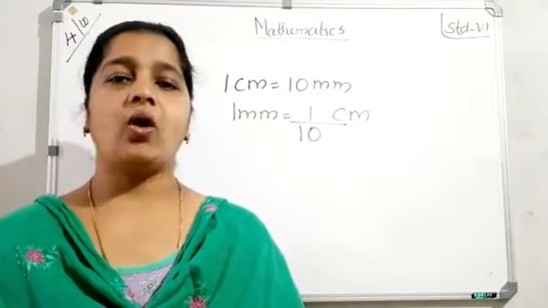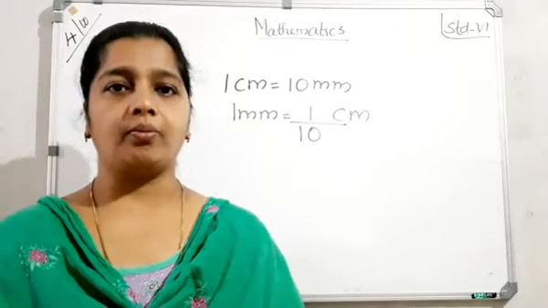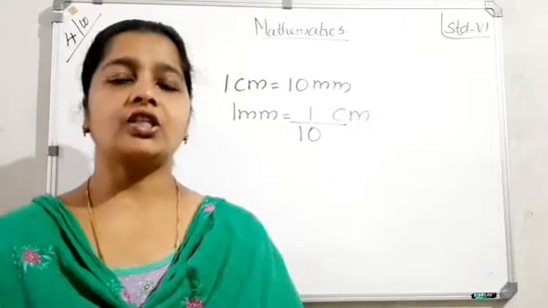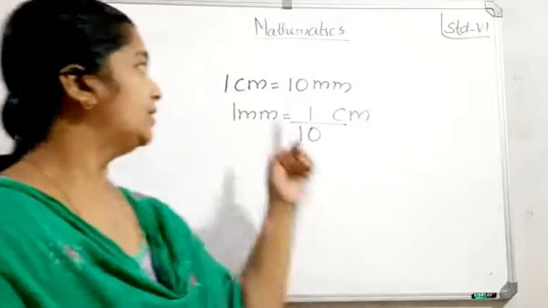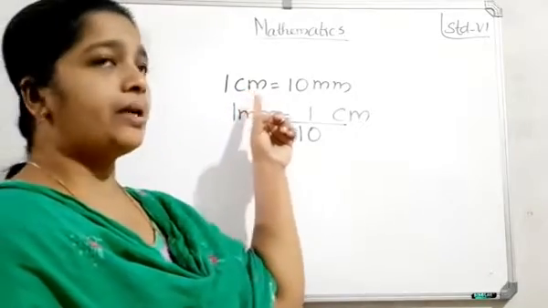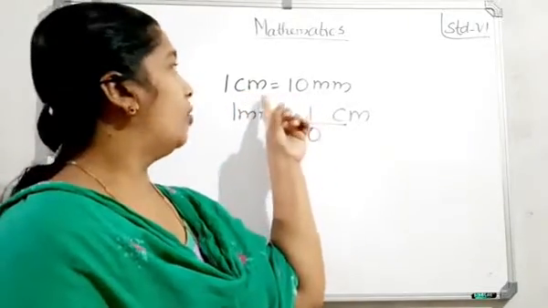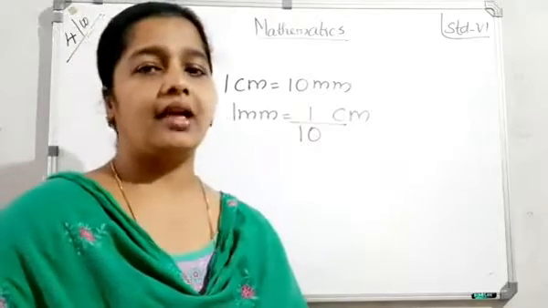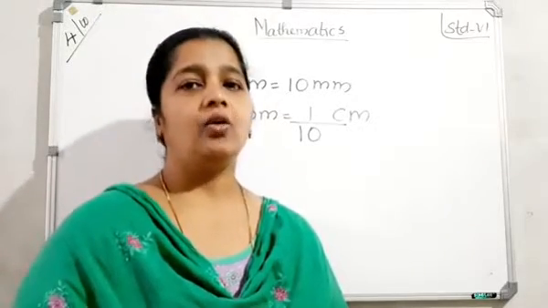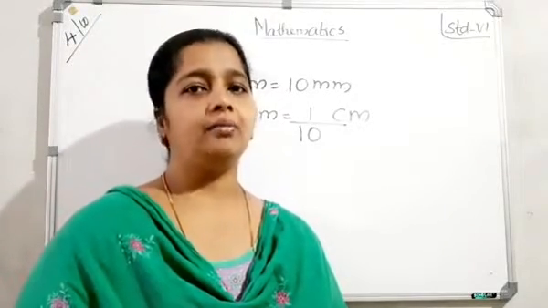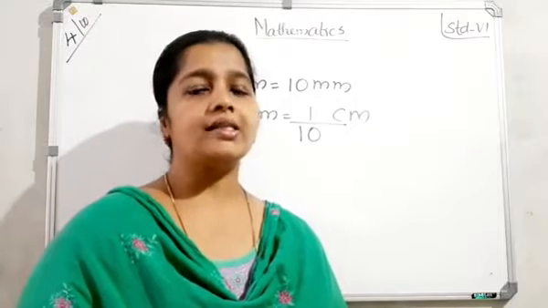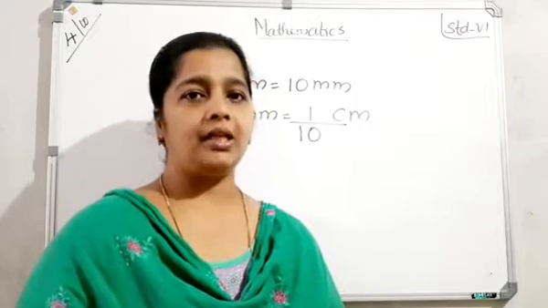Today we are going to study the next topic, conversion. First, you must remember what we studied last year: 1 centimeter equals 10 millimeter. Say it, 1 centimeter equals 10 millimeter. Once more, 1 centimeter equals 10 millimeter.